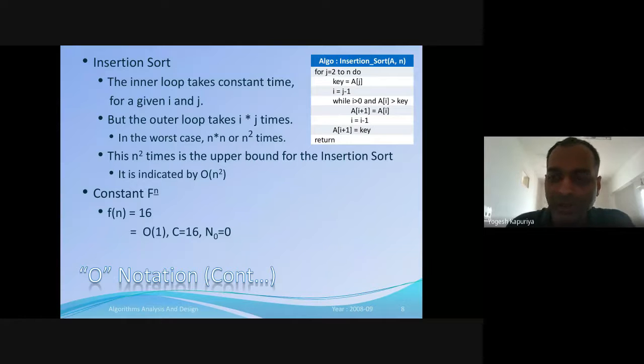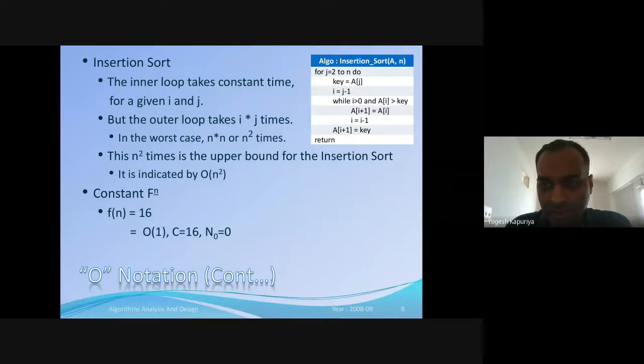This is how actually it goes. You have an algorithm, you compute the step count, you compute the growth function in any of these notations, and then you compare these notations' values to identify which algorithm is better than the other one.